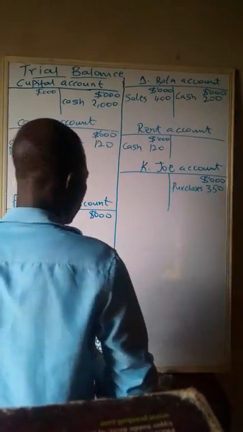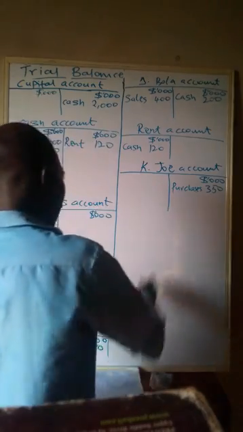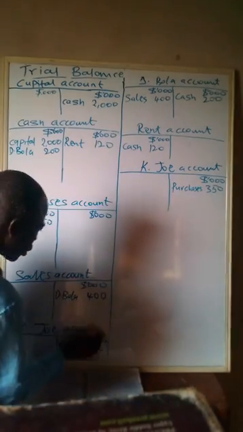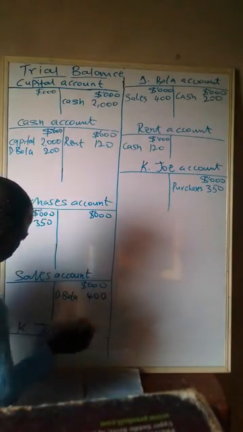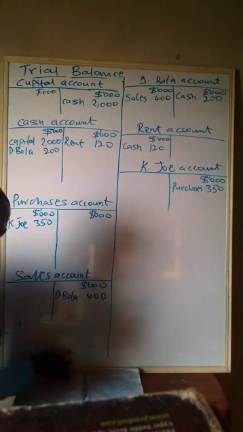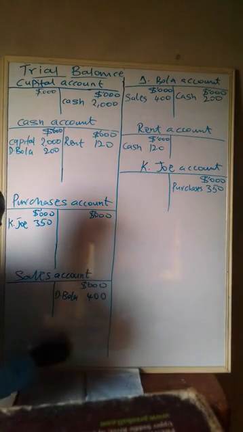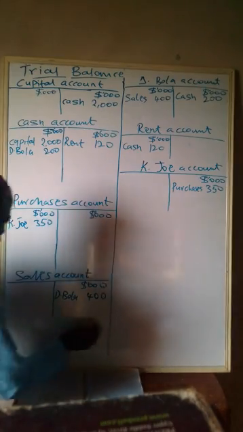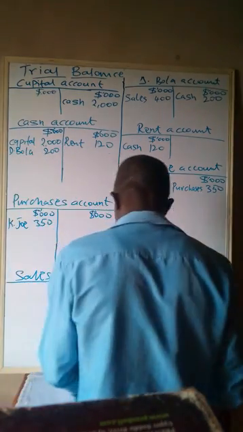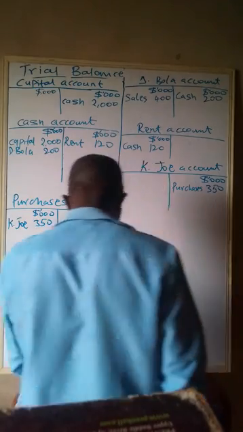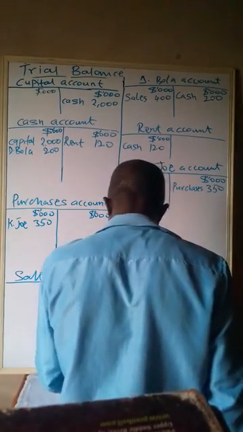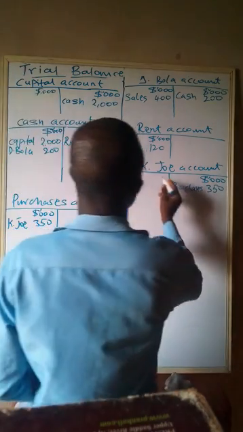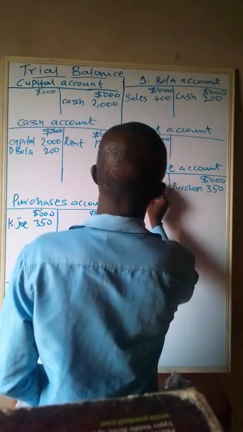purchases. So out of that 350, we now pay Kejo $170. We pay Kejo $170 out of 350. So Kejo is receiving, we debit Kejo.